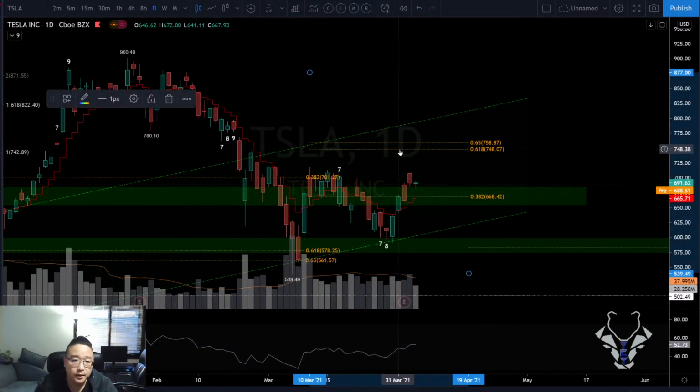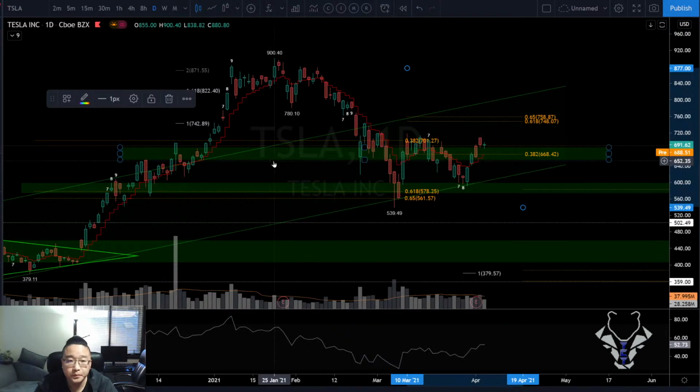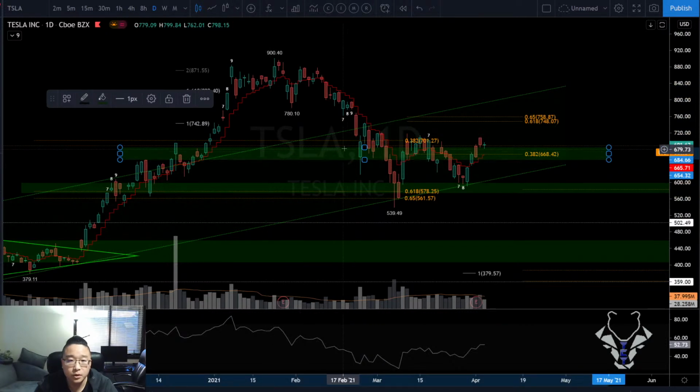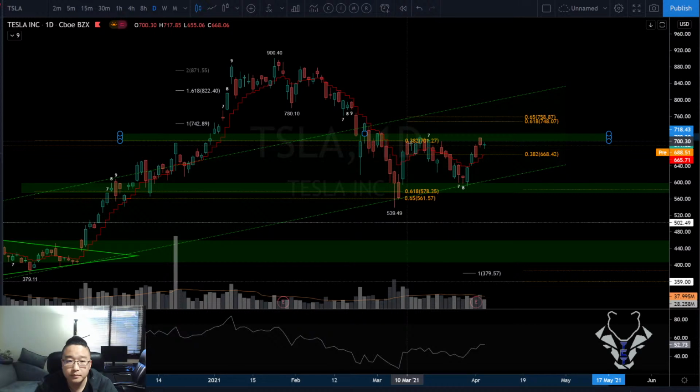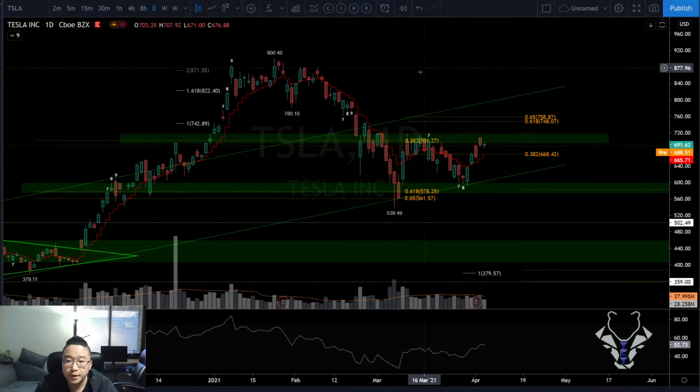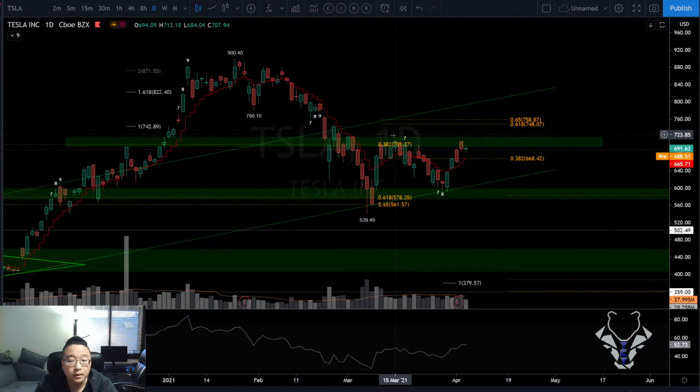Now the fact that we're pulling back from the 0.5, I don't like this zone anymore. This looks better.